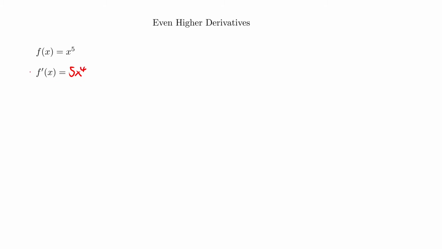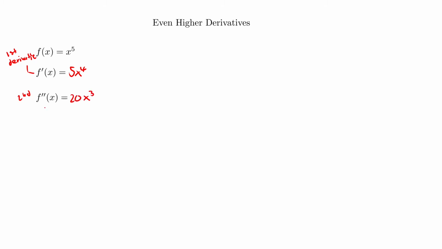This, of course, a normal derivative, is sometimes known as just the first derivative in the context of higher derivatives. And then the second derivative would be the derivative of that. So that's going to be 20x cubed.